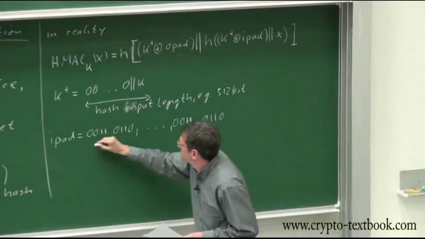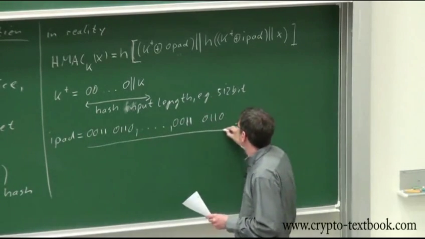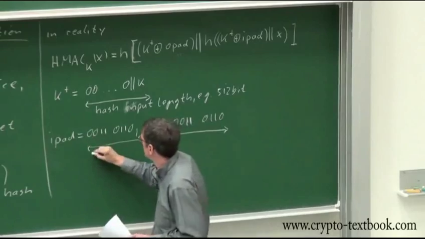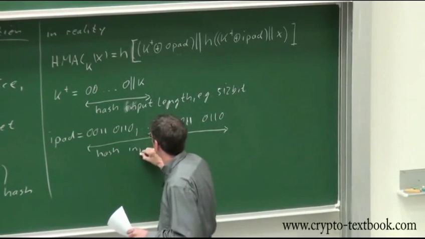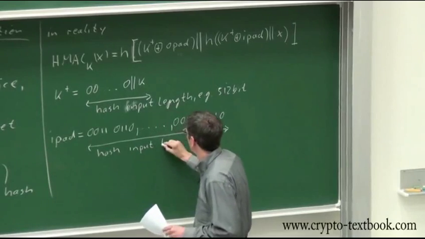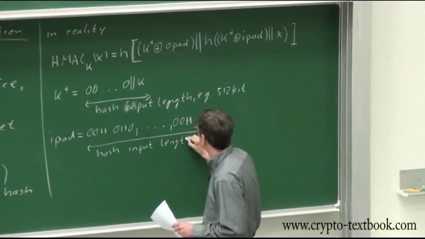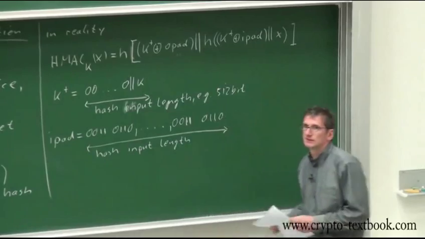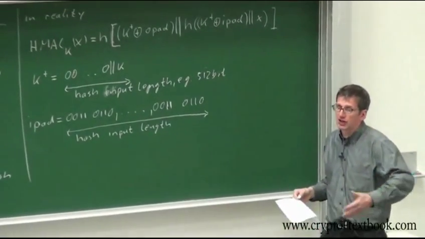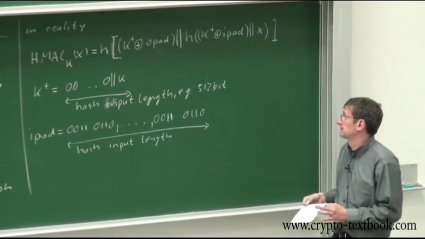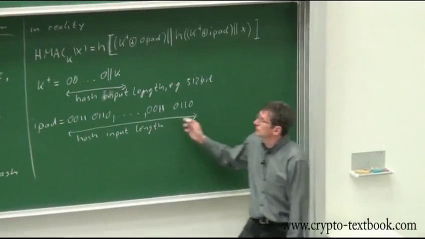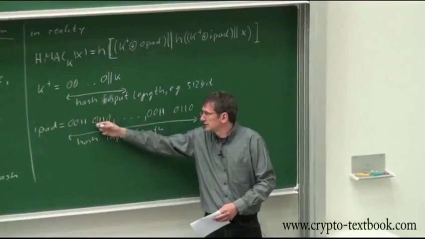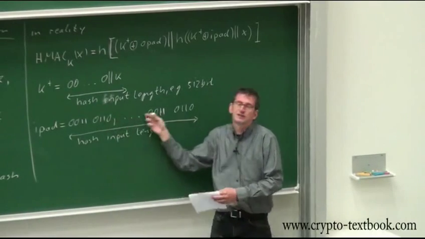And again, this is the hash input length. If you're using SHA-1, you have 512 bits. This is 64 bytes. You have a repetition of 64 times here.